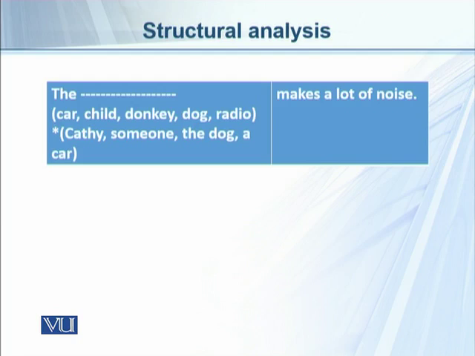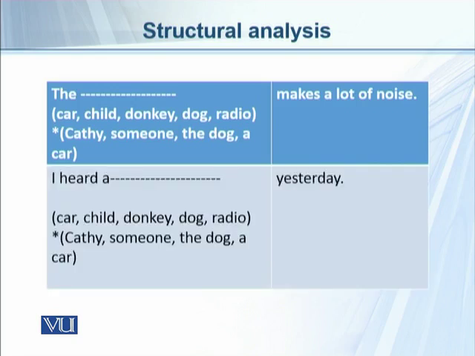If you look at this, all the words car, child, donkey, dog and radio are individual nouns. So they all fit into this test frame. Similarly, if we have a sentence again, "I heard a ___ yesterday," with a test frame: I heard a car, I heard a child, I heard a donkey, I heard a dog, and I heard a radio.